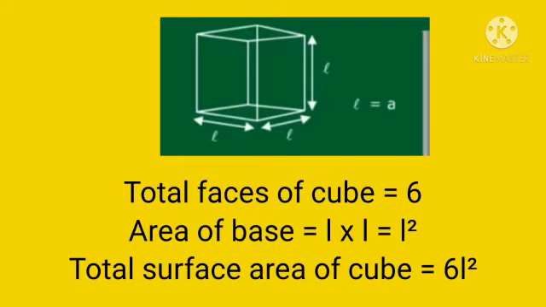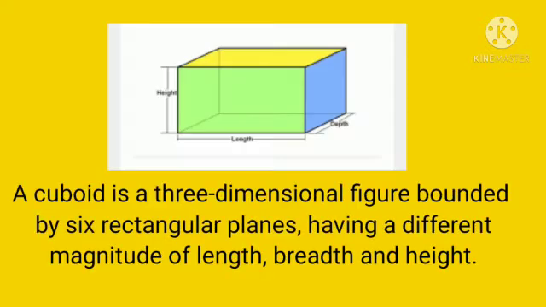Since the cube has a total of 6 faces, the area of the base, that is the area of one face, will be equal to length multiplied by length, which is equal to L square units. Therefore, the total surface area of a cube will be equal to 6L square.